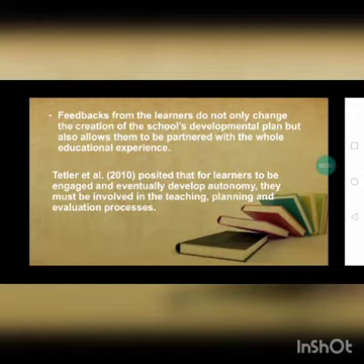Tetler et al. posited that for learners to be engaged and eventually develop autonomy, they must be involved in the teaching, planning, and evaluation processes. It is very important to analyze how and what students should learn in class or out of class, either independently or with others.